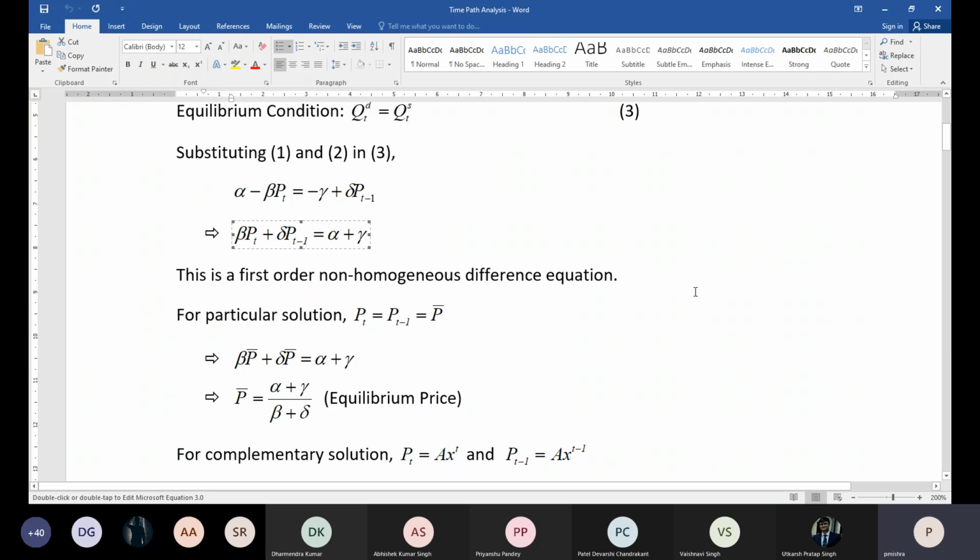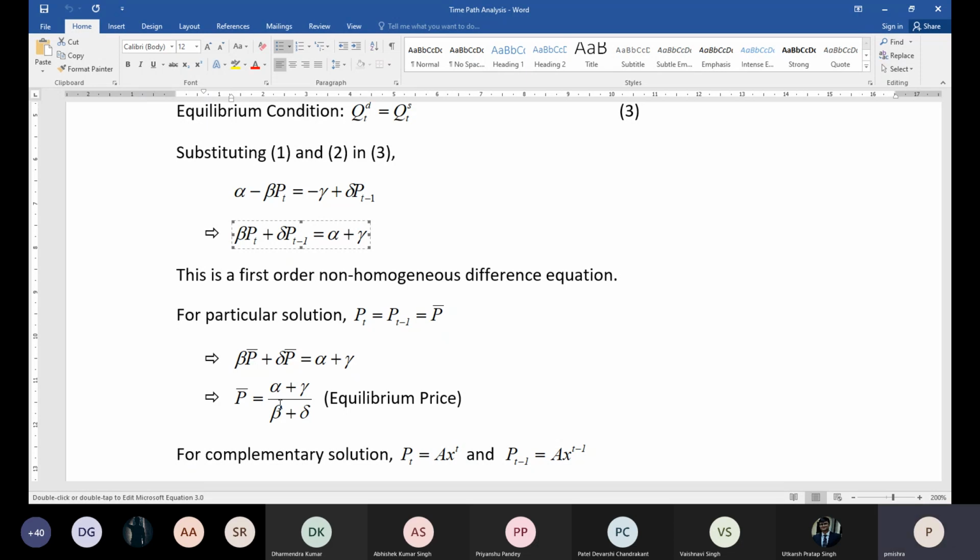And then what we do? For particular solution, we assume that Pt is equal to Pt minus 1 is equal to P bar, and this gives me the particular solution, which is nothing but the equilibrium price, which is equal to (alpha plus gamma) divided by (beta plus delta). So this is equilibrium price.